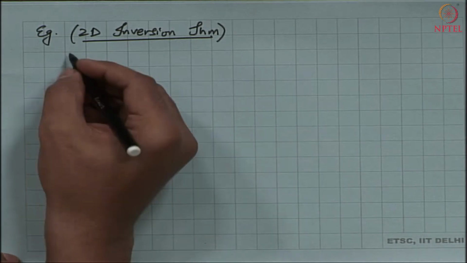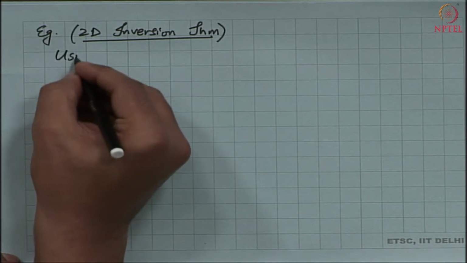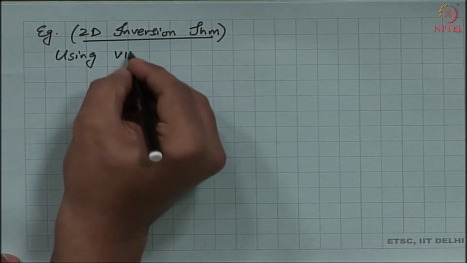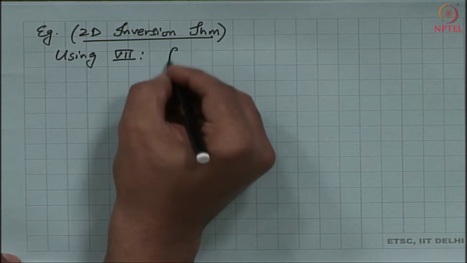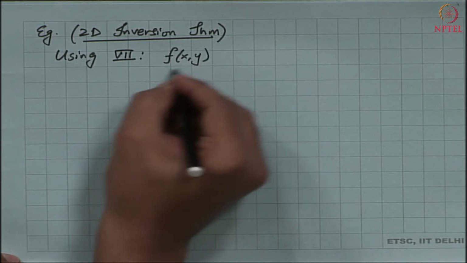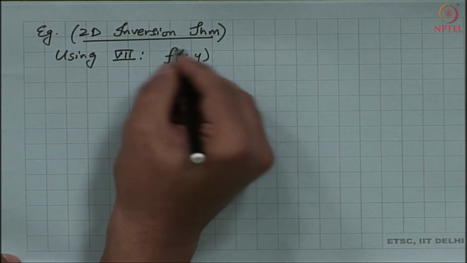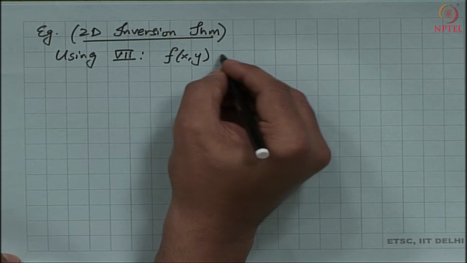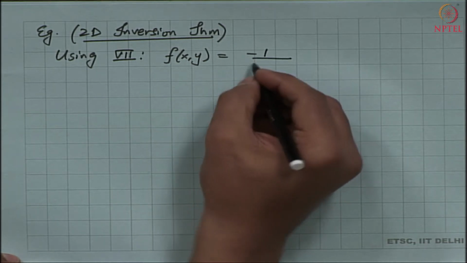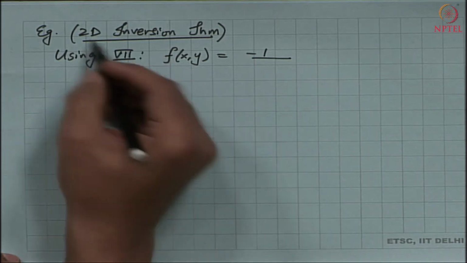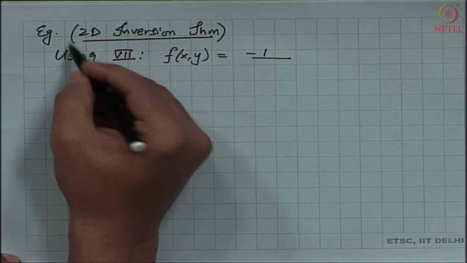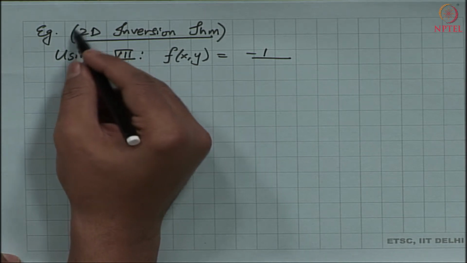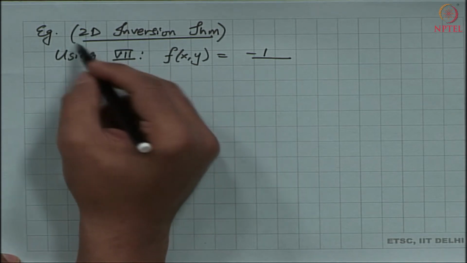So, if I were to use my expression 7, I get a function in 2 dimensions after applying the inverse. So, I get that the function is negative 1 by... remember, for 2D the dimension is even. So, I am going to use the formula for my inverse for the even dimension, that is the Hilbert transform.